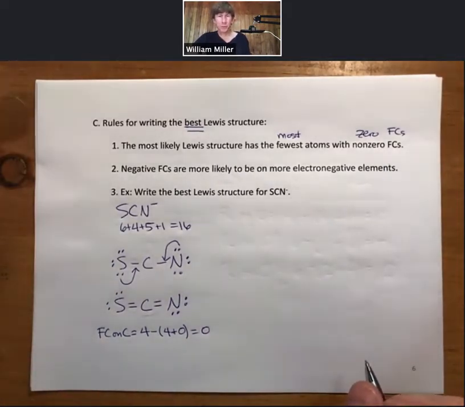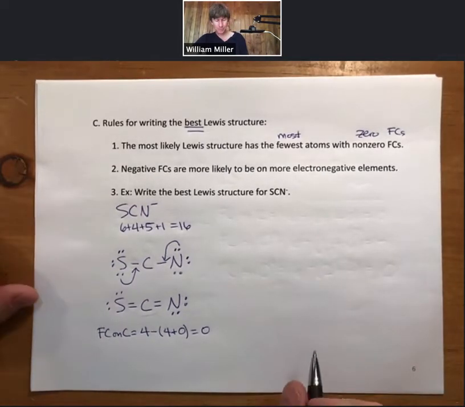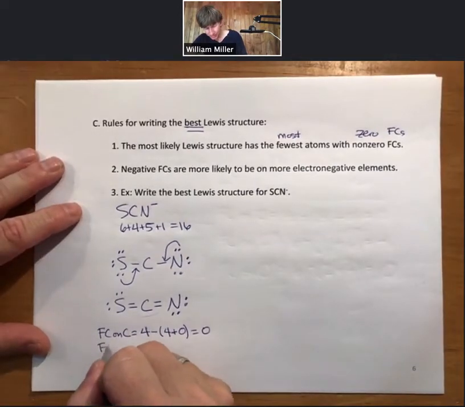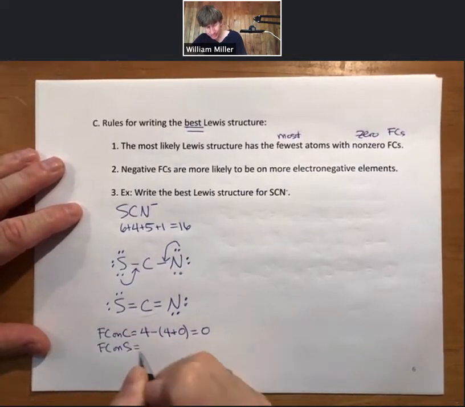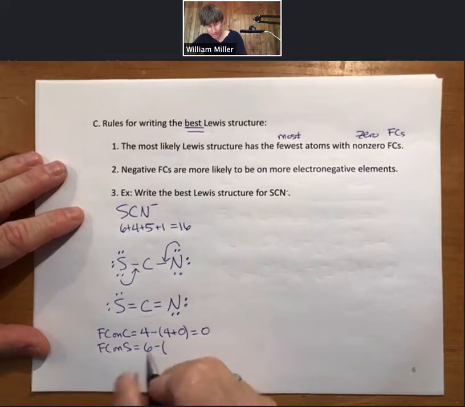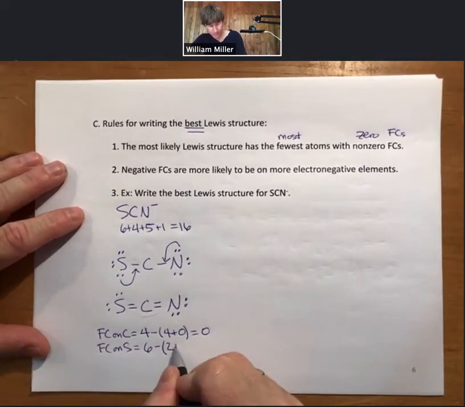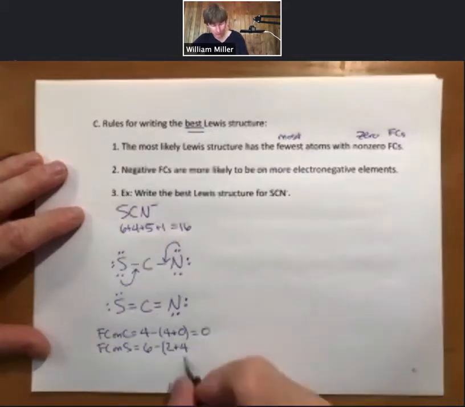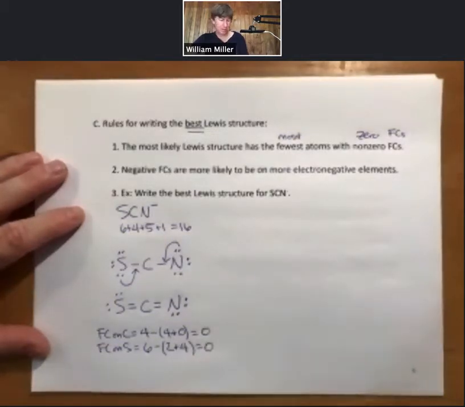Anytime you see carbon with 4 bonds, which you're almost always going to see, formal charge is 0. Now let's talk about this sulfur. 6 electrons from the periodic table, same group as oxygen. 2 bonds, 1, 2, 3, 4 unshared electrons, 0.